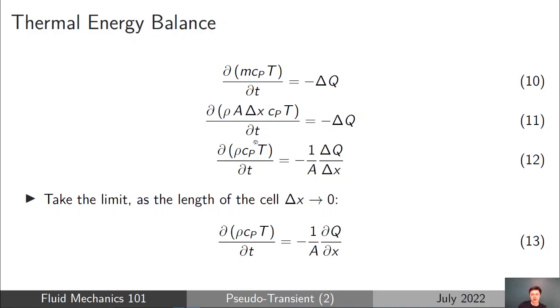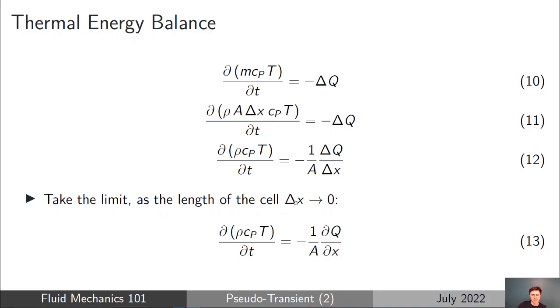The next stage in the derivation is just to divide both sides of the equation by A delta x, because of course these don't vary with time, so we can take them outside of the derivative. What we've done here is we've considered a cell in the bar that has a finite width delta x, and it also has a finite difference in thermal power between the left and the right faces.